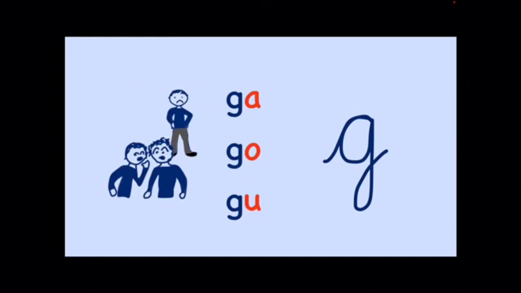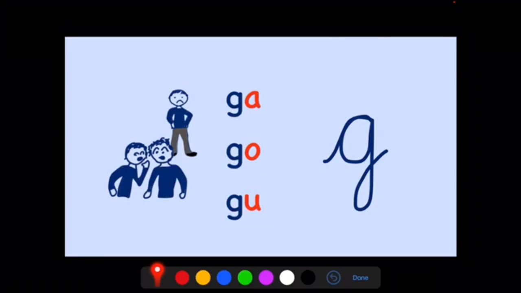When we introduce the letter G, we also introduce the need to think about the vowel letter that came after it, A, O, and U, to decide when to say the sound G. And we had a wee story, Gaston gossiping about Gus.